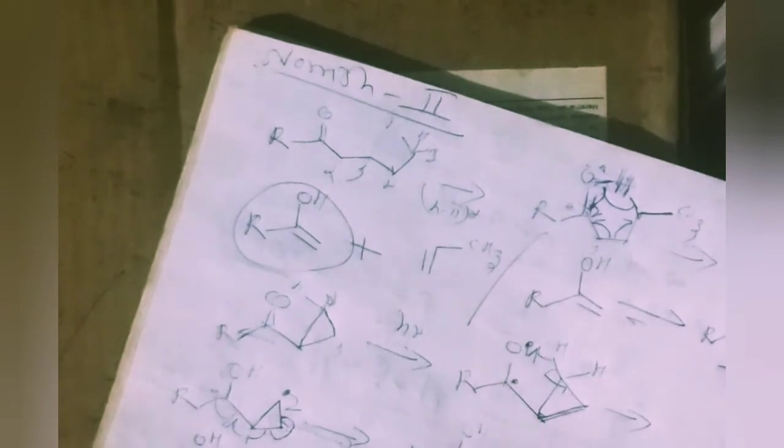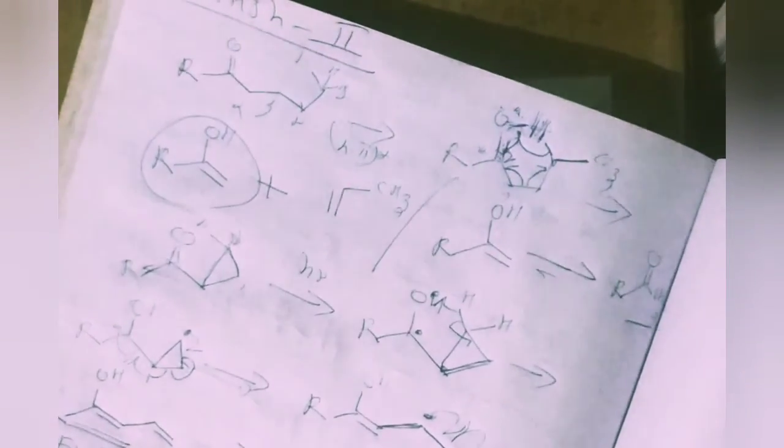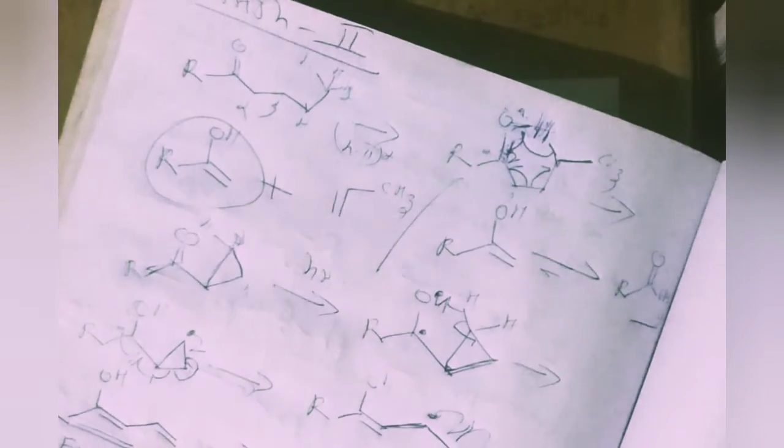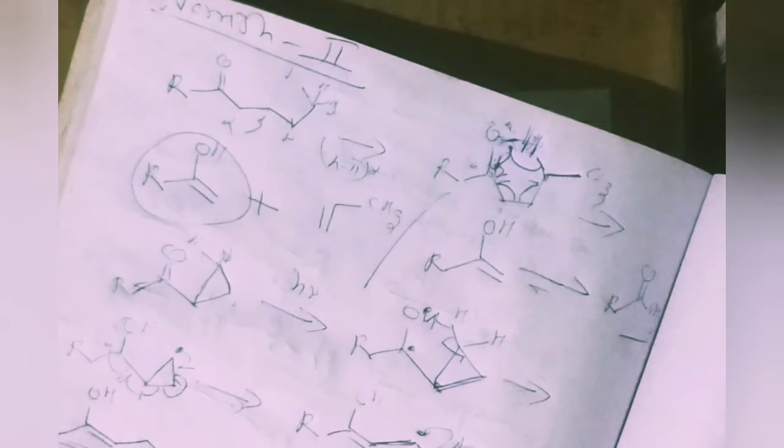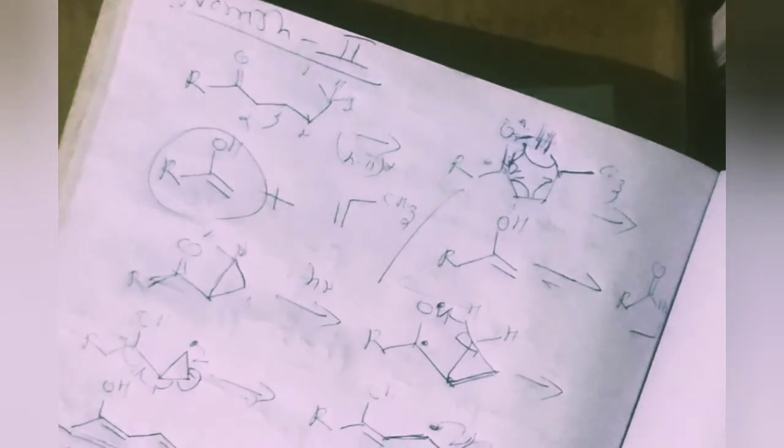Then the enol is less stable than the ketone, so we get R double bond O as the product. This is an unsaturated ketone as a product. From this we can conclude that in Norrish type 1, alpha cleavage and decarbonylation occur, giving the major product, and the most stable free radicals are formed.